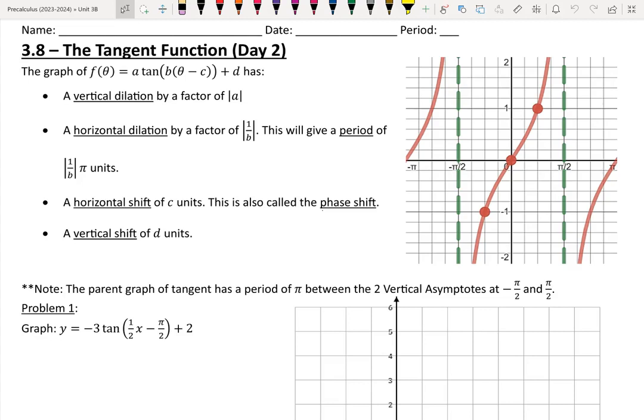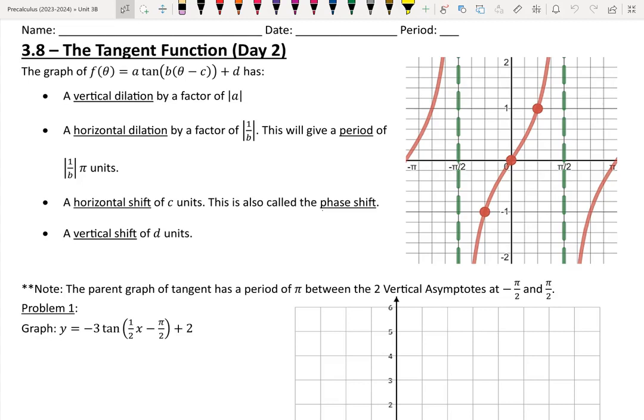Same exact transformations that we have used all year: horizontal dilation, horizontal shift, vertical dilation, vertical shift. We're going to be taking our parent function of tangent, which we have pictured here, and applying our transformations to that parent function so we can get our new graph.